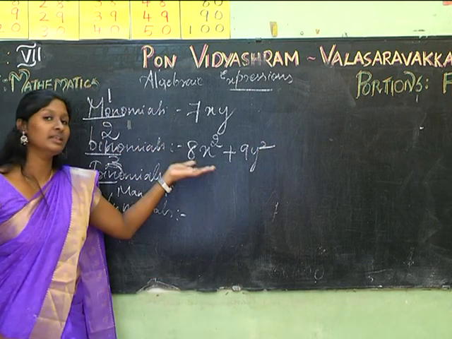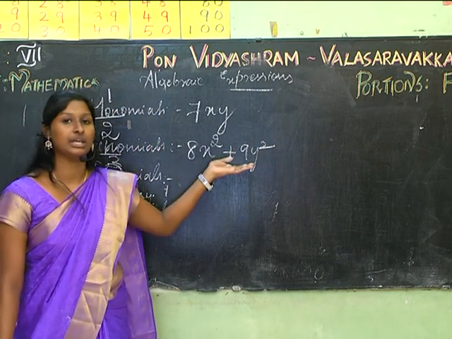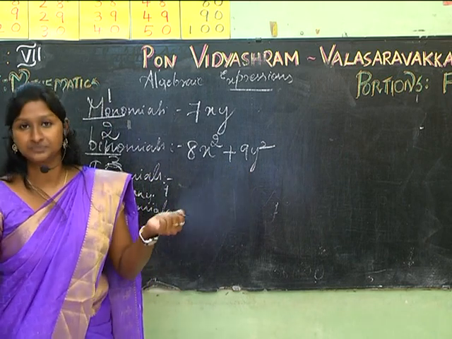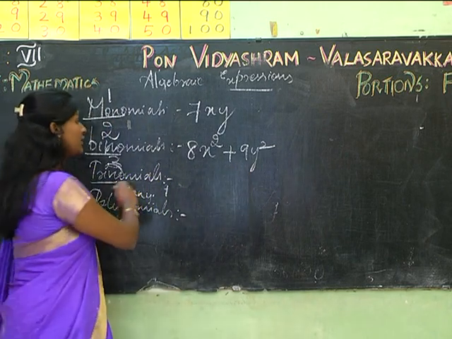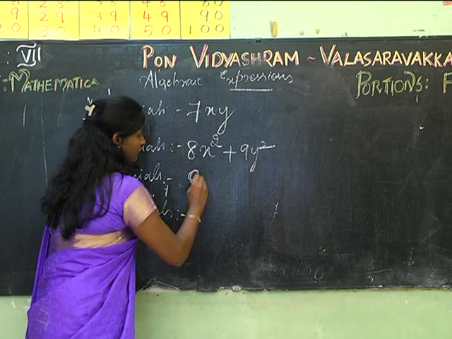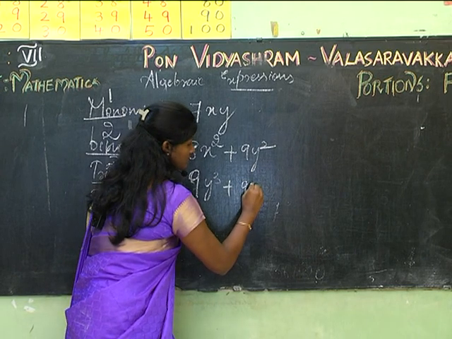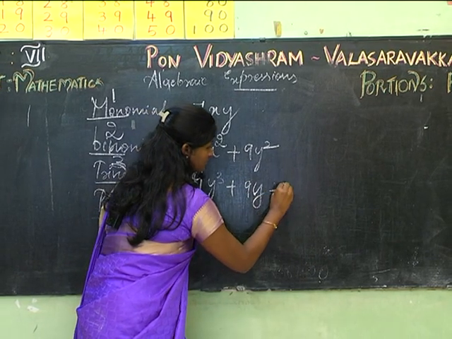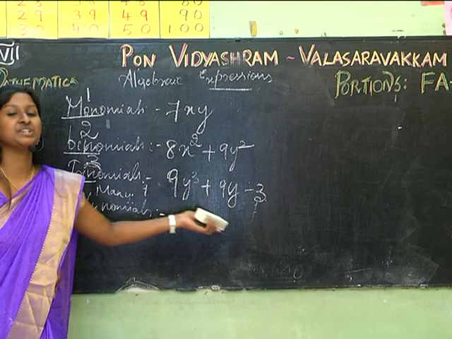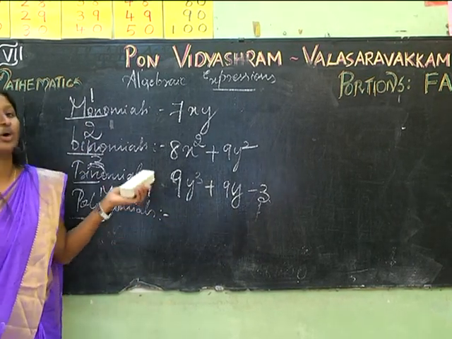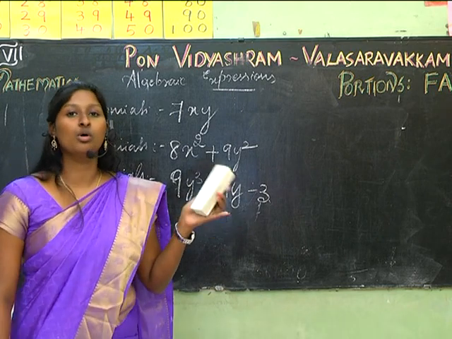In the case of 2 like terms, they will get added up and become a monomial, that is a single term. Next one is trinomial. This expression I call a trinomial. Next, polynomials. I said polynomials means 1 or more terms.